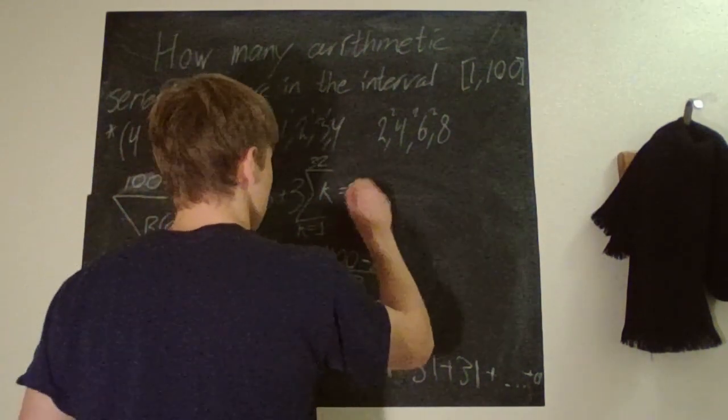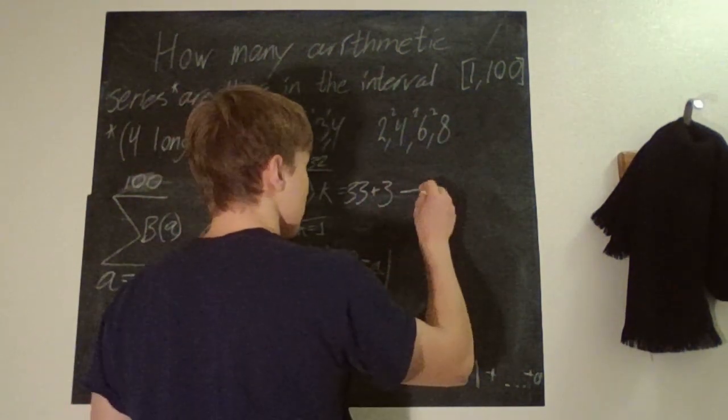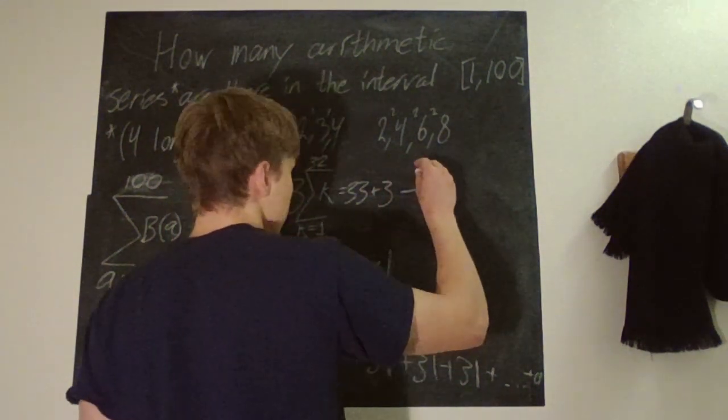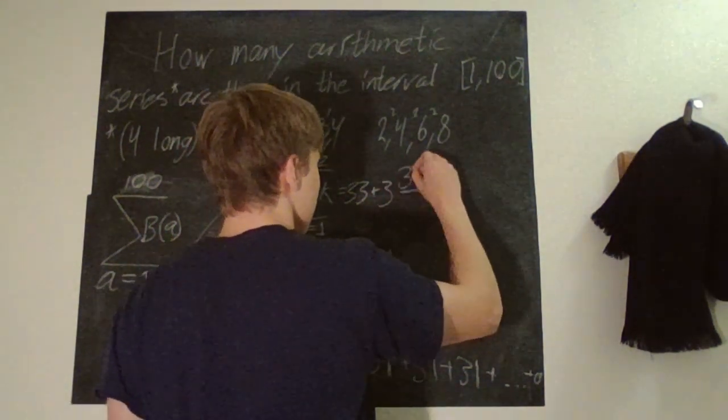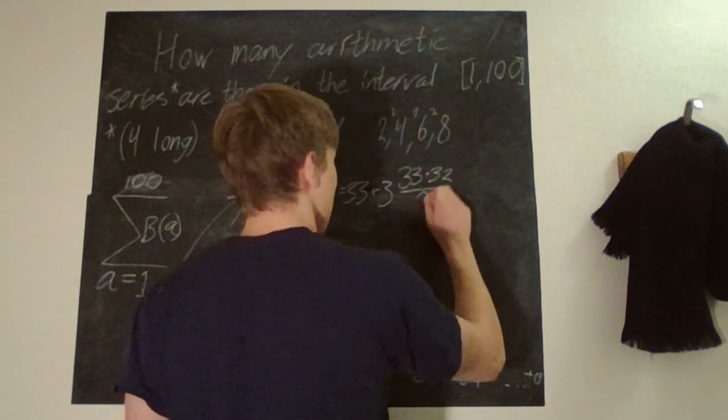And this is equal to 33 plus 3 times, if you know the arithmetic formula, 33 times 32 over 2.